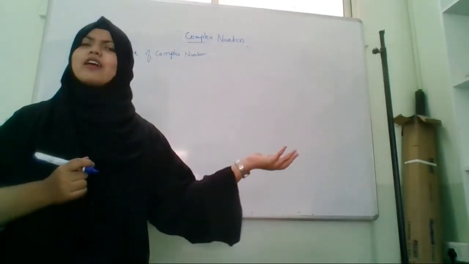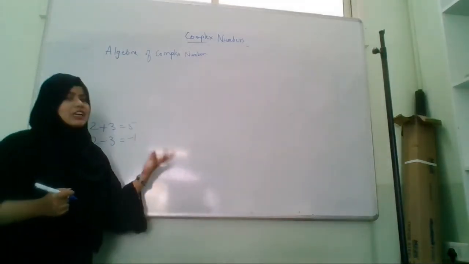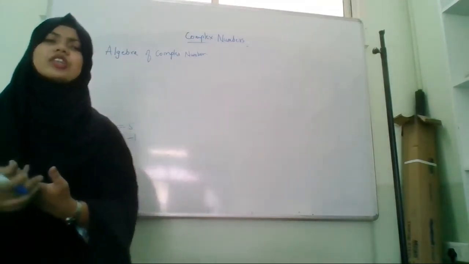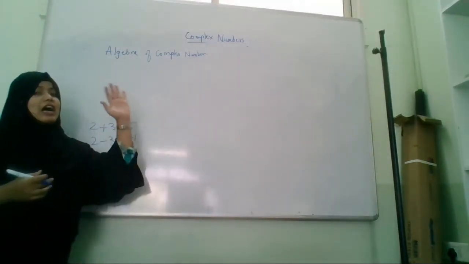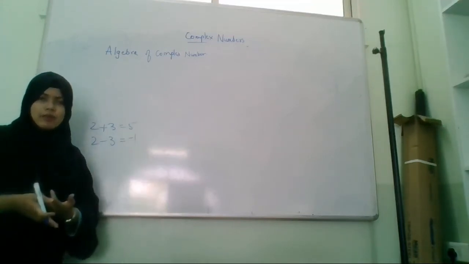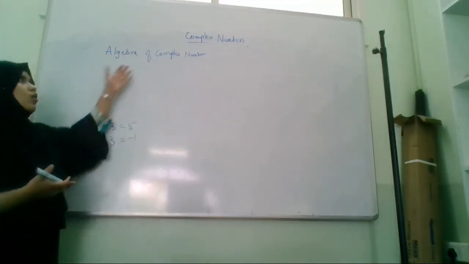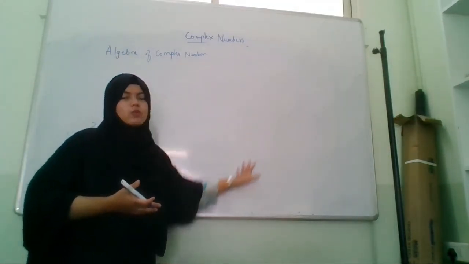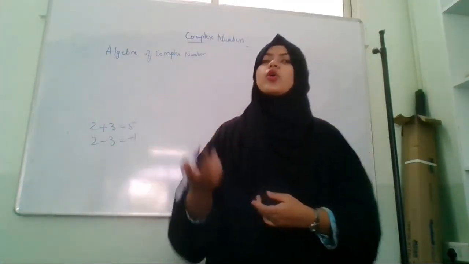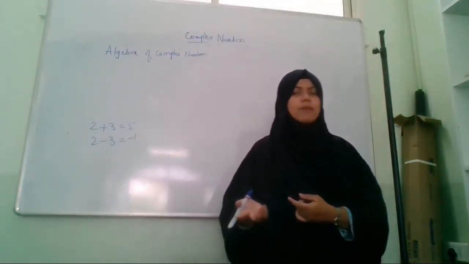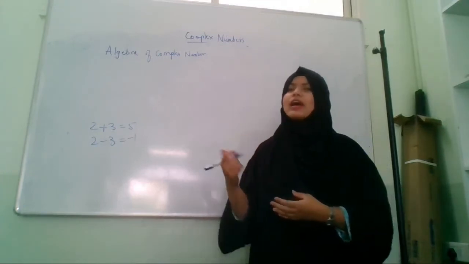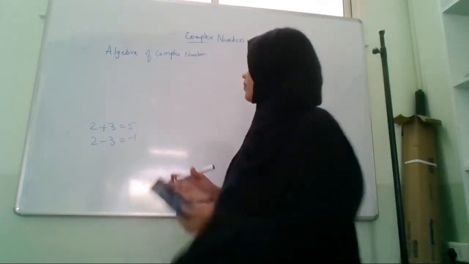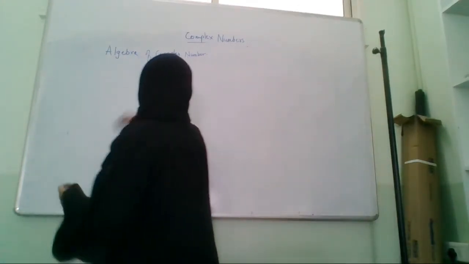So in real numbers or natural numbers, we define certain operations like addition, subtraction, multiplication, division, etc. Those are the algebra of real numbers and natural numbers. Similarly, we have the algebra of complex numbers as well. That means we can add two complex numbers, subtract two complex numbers, and multiply two complex numbers. But here the method is different. I hope algebra is clear to all.